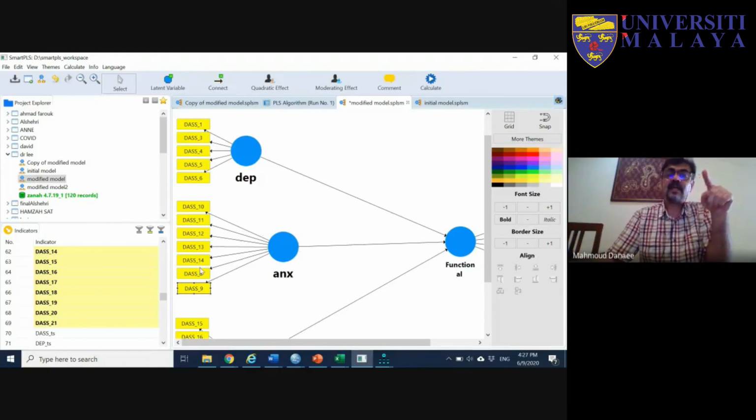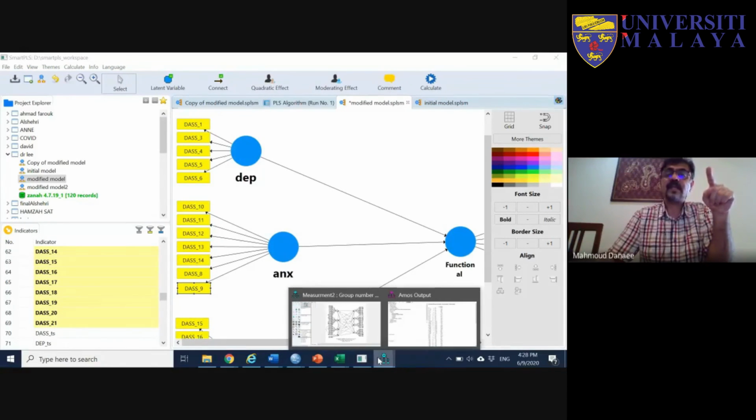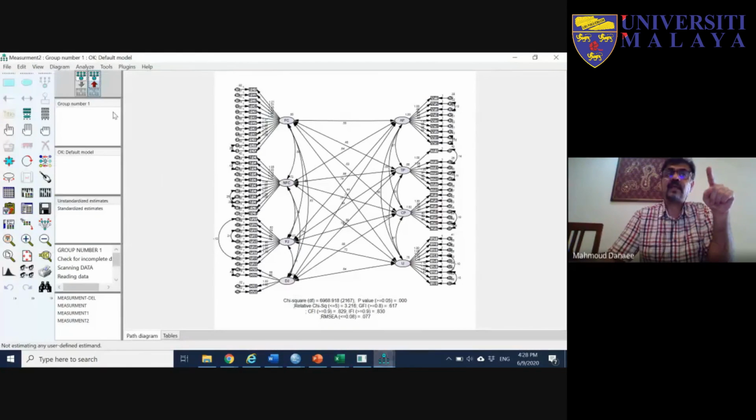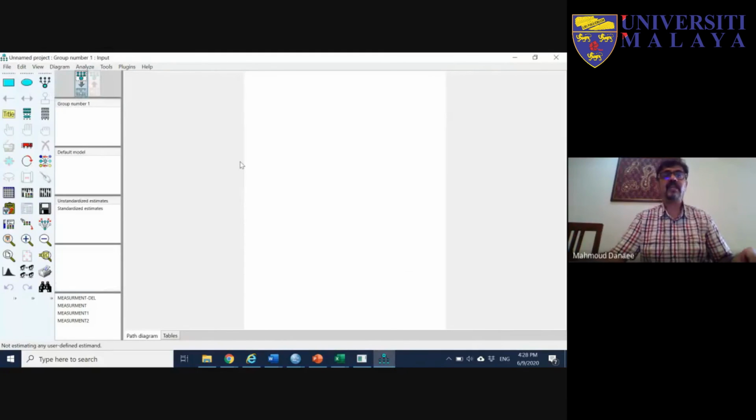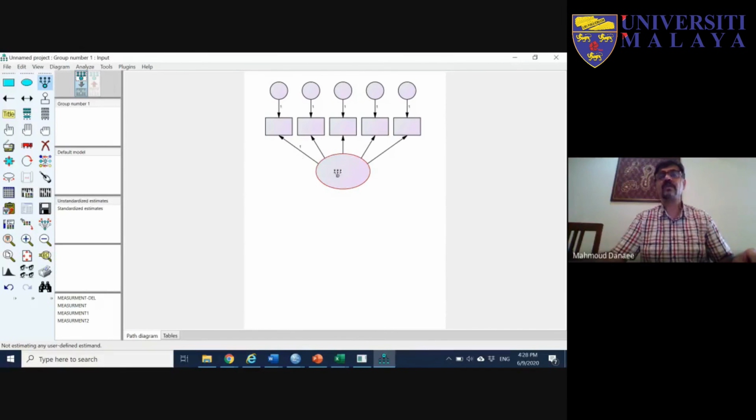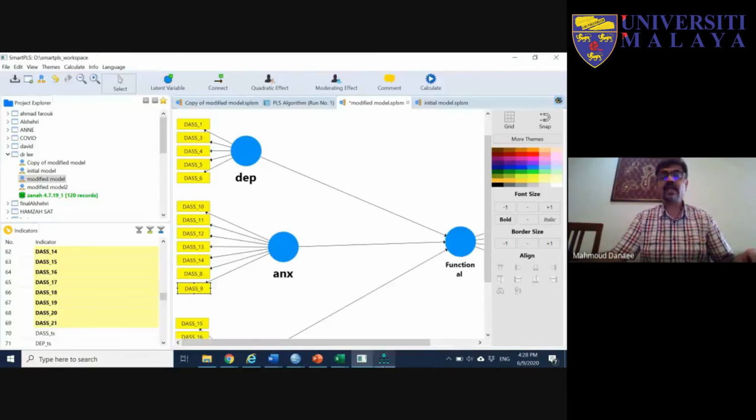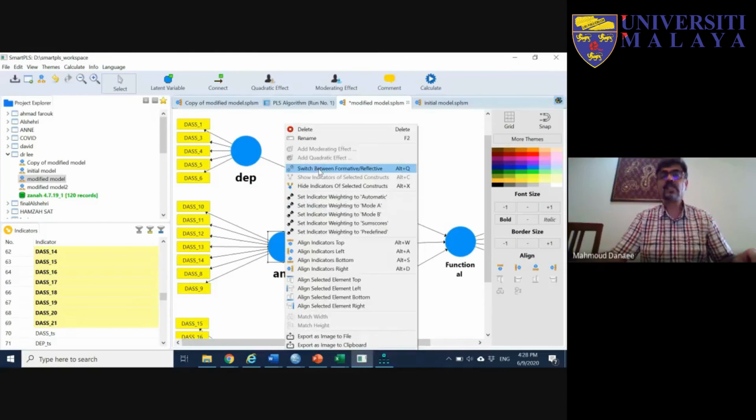You remember regarding the type of construct in AMOS, as you can see here, when we create a new construct, it is always initially reflective, from the latent variable to the items. While in PLS, we can easily switch between formative and reflective.